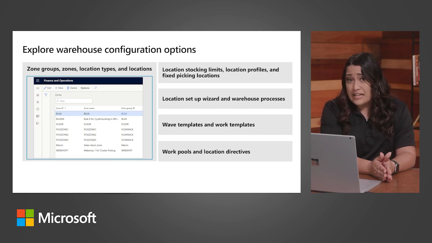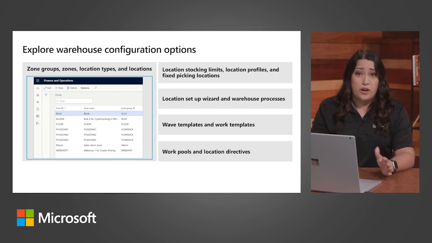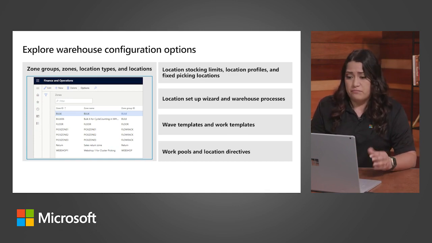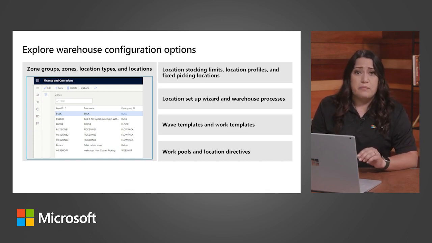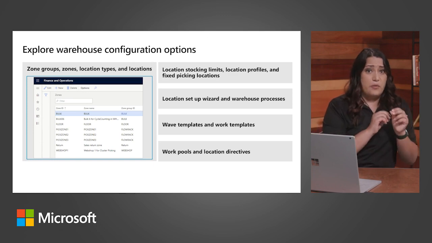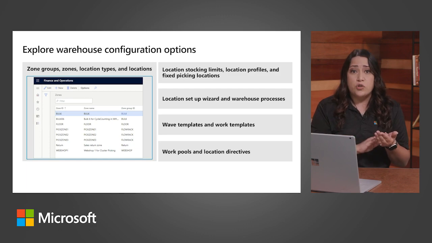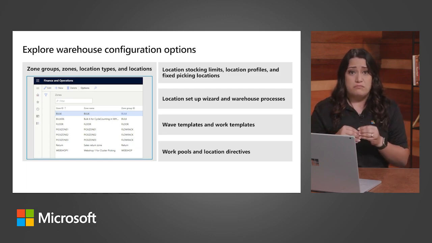And these basically explain what can be stored in a particular area or if there's a capacity for that area. The last thing that you'll need to set up, and this is the smallest level, is a location. This is how you are tracking the on-hand inventory and where it can be picked from inside of the warehouse.